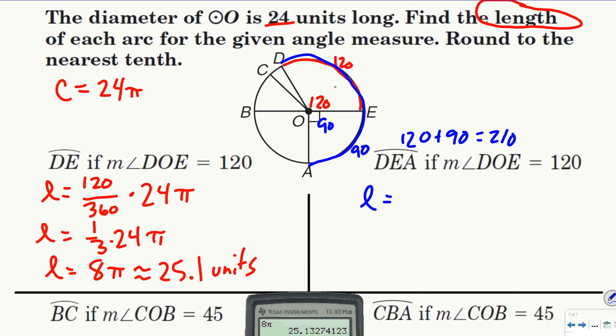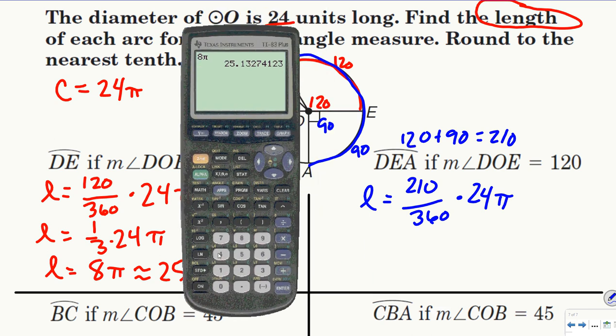Notice we're not doing the whole circle, we just want to find the length from D through E to A. We know that's 210 degrees out of the total possible 360 degrees, again times the circumference. 210 over 360 doesn't simplify down as nicely as 120 over 360, so if you want, you can just type the whole thing in your calculator. It looks like we round to 44.0 units.